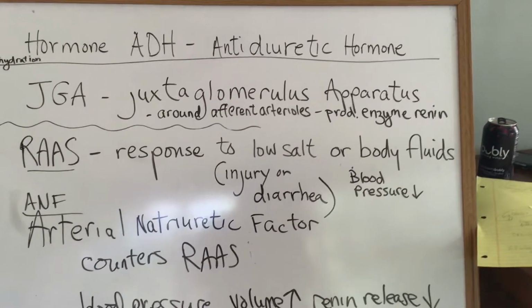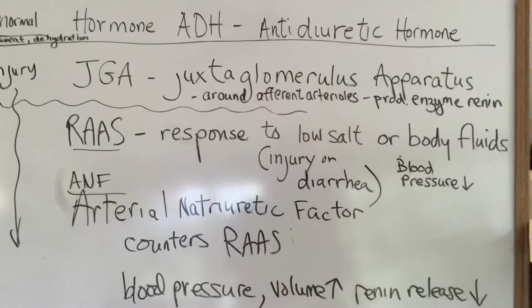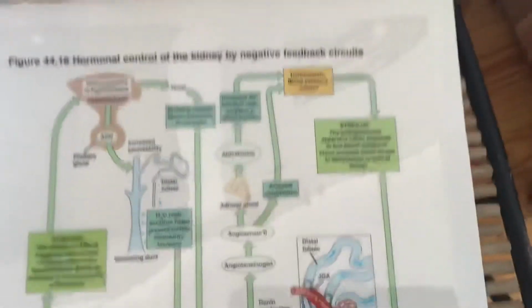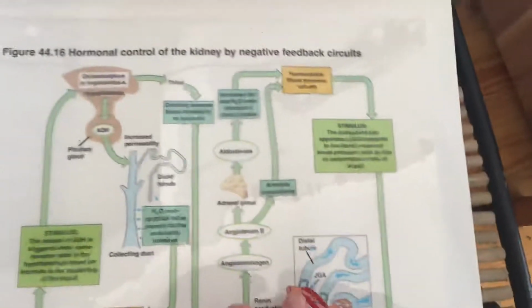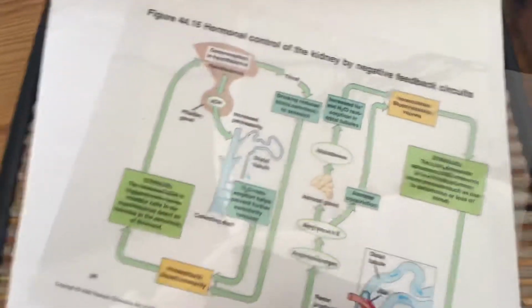Let's say you lose a lot of blood, and this is going to set up a whole series of reactions that is going to bring about your homeostasis. All right, so let's kind of go through that. This part right here is called the juxtaglomerular apparatus.